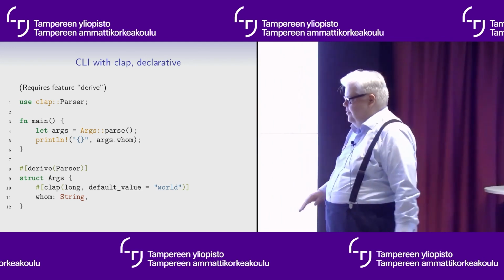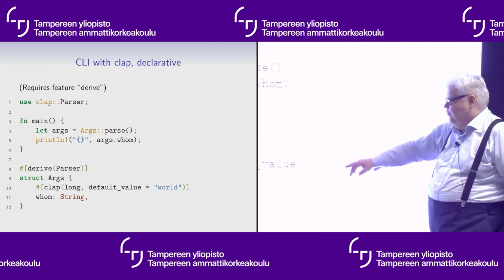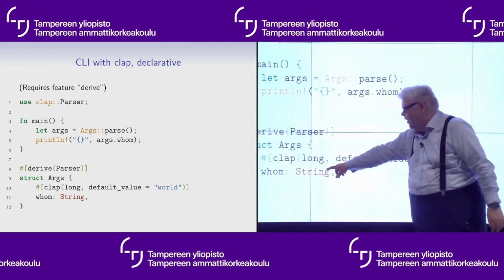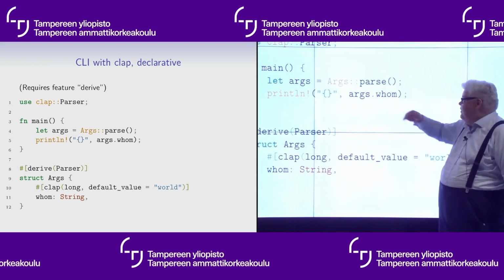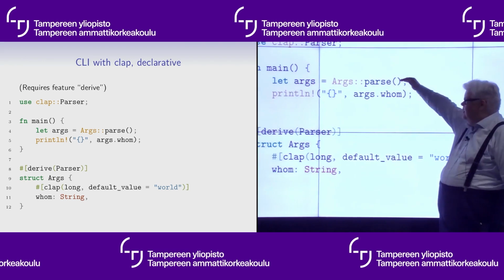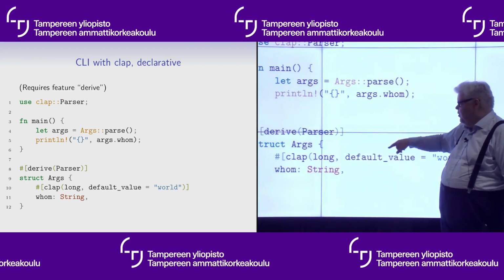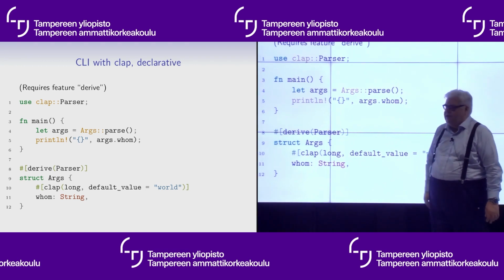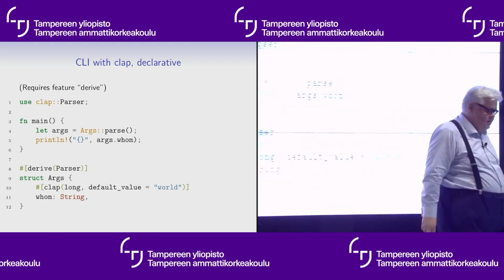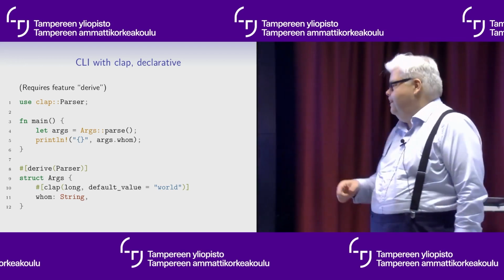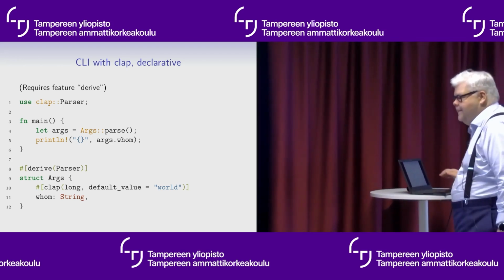So we have one long option that has a default value that is stored in a string. And then when we parse the command line, we can access the value of the whom option just using structure fields.